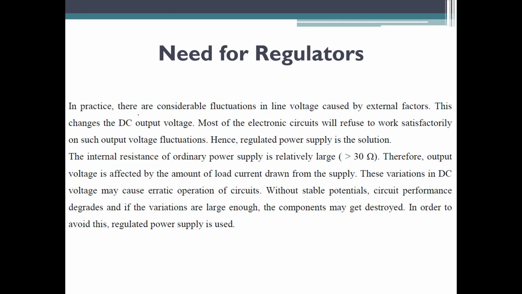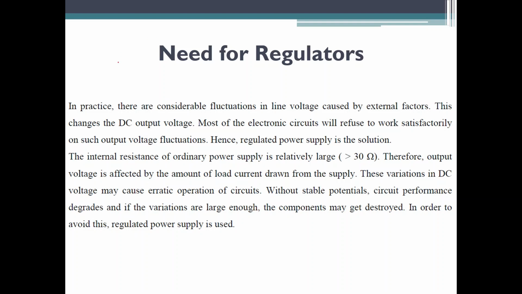Normally in practice, in our day-to-day life, there will be a lot of fluctuations in voltage caused by external factors. External factors may be due to variations, due to faults, or due to various other things. These faults or variations can change the DC output voltage. But most of the devices working on DC voltage sources will refuse to work satisfactorily under such varying voltage conditions.